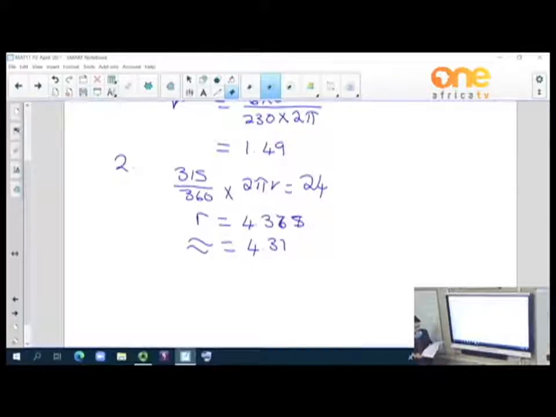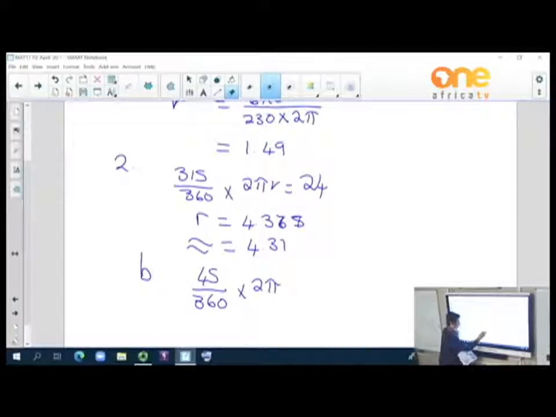What we actually need there is that angle, isn't it? And what is the angle, 360 minus 315? What will be that angle there? 45 degrees. So 45 out of 360 of, what do we need to find? The length of the arc, so times 2 pi.